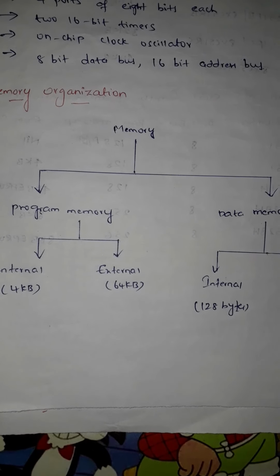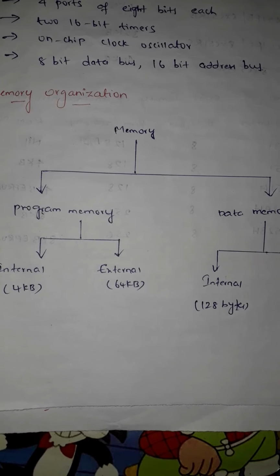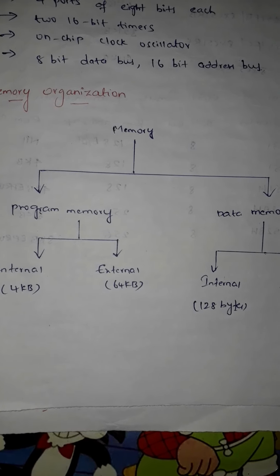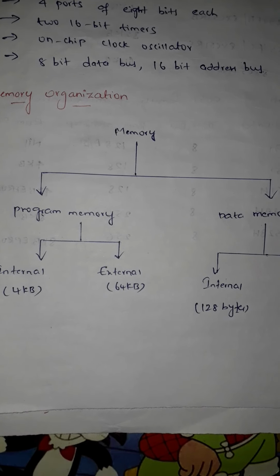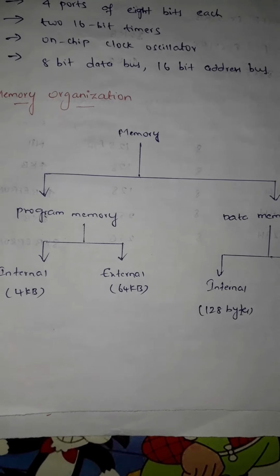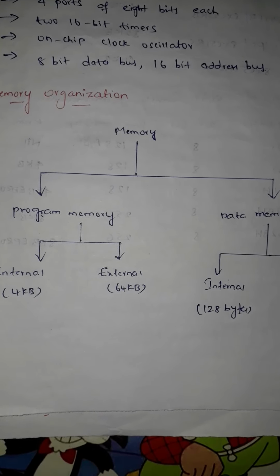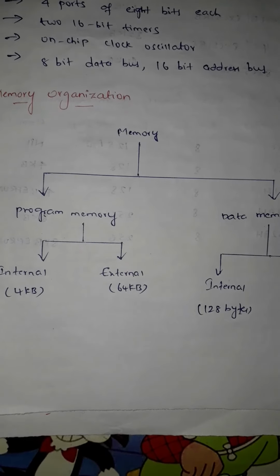If you want, you can access a total of 64 KB of external memory or 4 KB of internal memory. If you want to access both, the internal 4 KB can be accessed and the external 60 KB can be accessed.